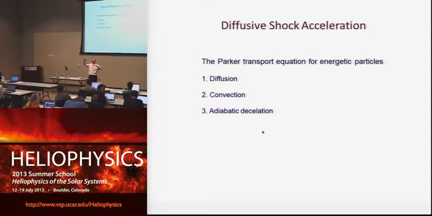This change from fast upstream flow to slow downstream flow, this delta V, the change in speed, the compression across the shock, plus scattering, so you need to have waves, and that scattering produces diffusion. So we've got a combination of compression in the flow and diffusion, which allows the energetic particles, by traveling from upstream to downstream, to upstream to downstream, to sample that compression. And if they sample the compression, they gain energy.